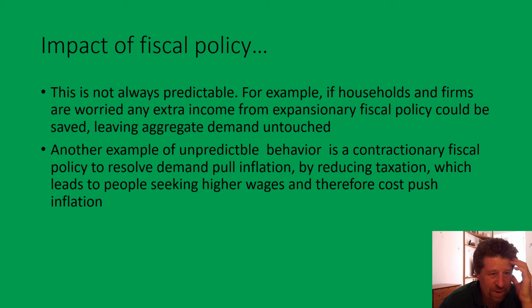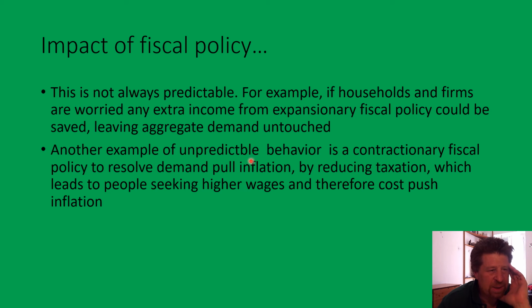If we do have an expansionary fiscal policy, it doesn't necessarily mean that aggregate demand will go up, because some people may save, they may decide to save. A lot of it goes on psychology. If they're very pessimistic, people will decide to put money away rather than spend, and so leave aggregate demand untouched. So it's not always predictable.